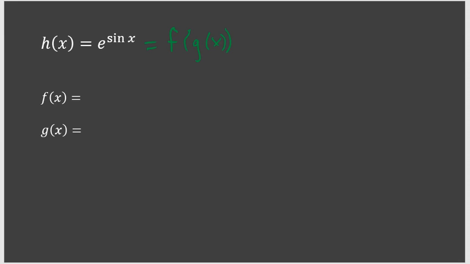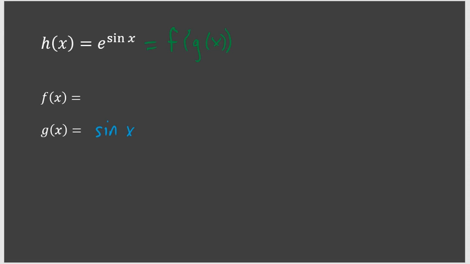Well, it looks like we're taking the function sine of x and plugging it into the exponent of my e. So that thing that I'm plugging into the exponent is going to be my inside function. So that sine of x is going to be my g of x in this case. So g of x is going to be the sine of x.